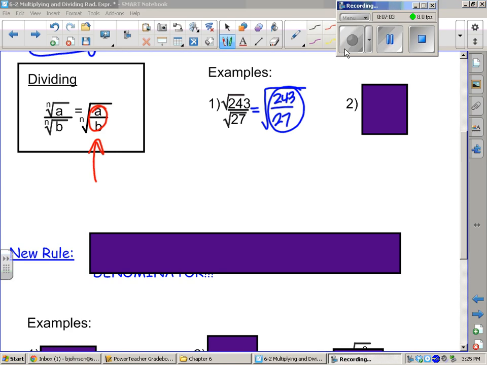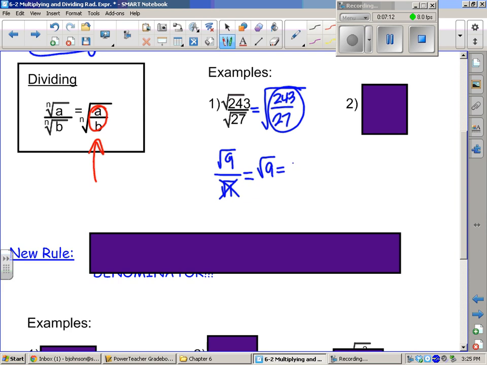So that gives us in the numerator just a 9, and the denominator ends up being a 1. That's a square root of 1, that's just 1, so we don't even need it. So look what we have, square root of 9, which is just going to be a normal 3. But I wouldn't have been able to come up with that if I didn't know that that could be reduced.